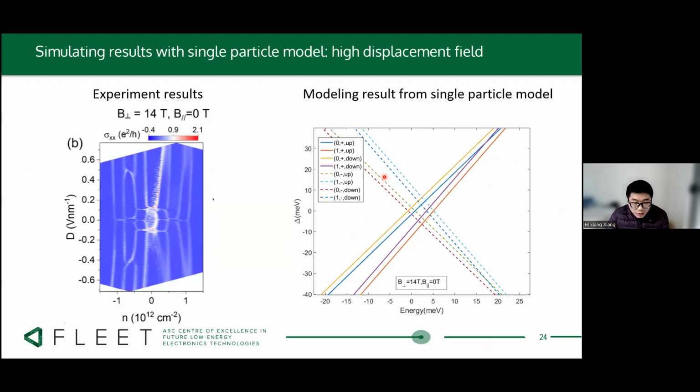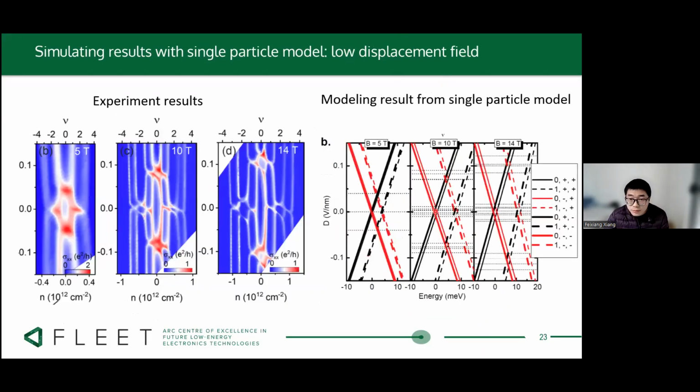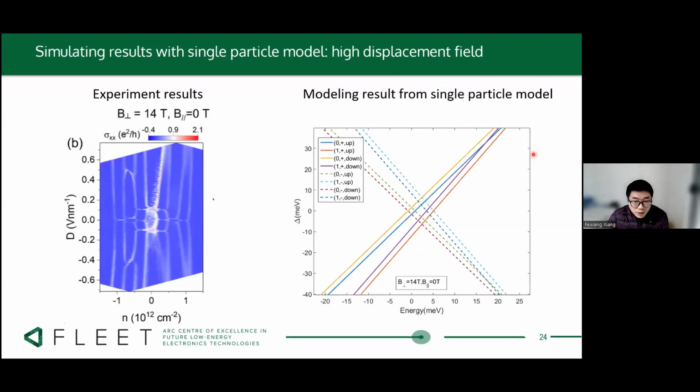However, the single particle model can't explain the high displacement field crossing.